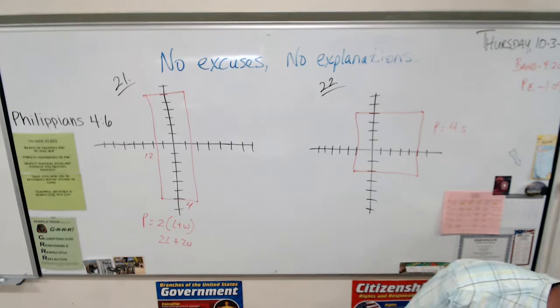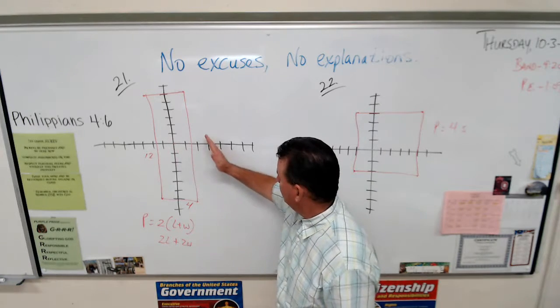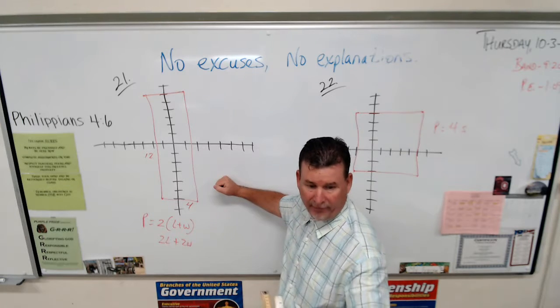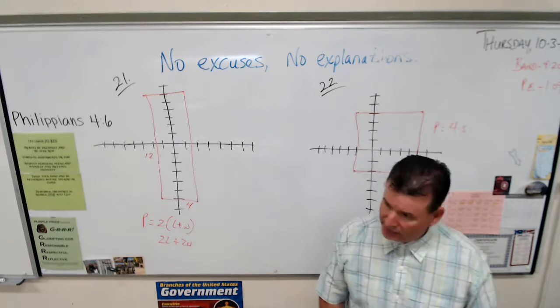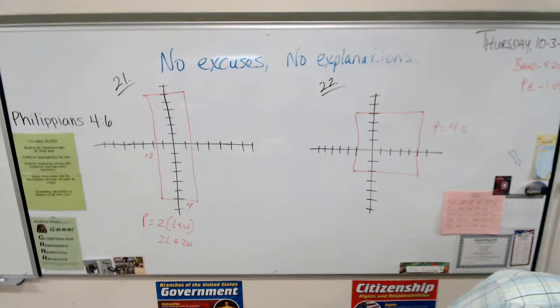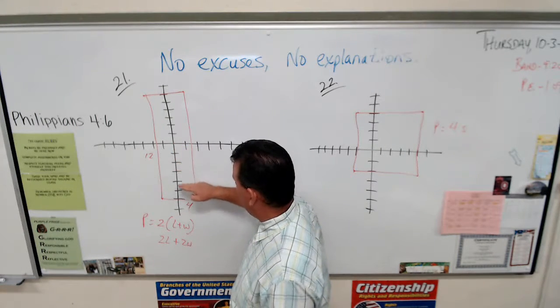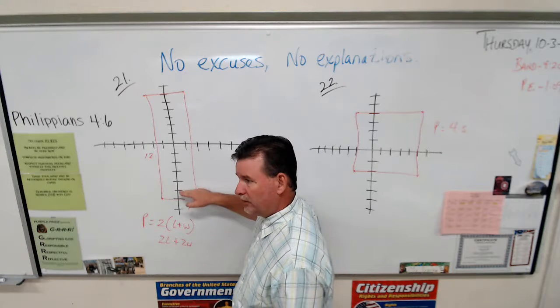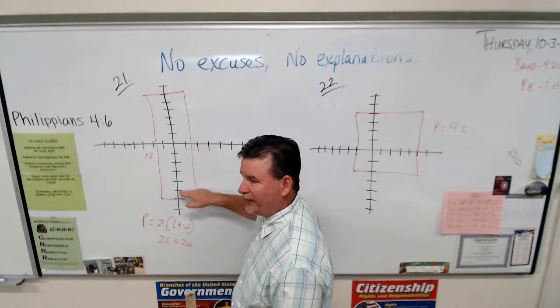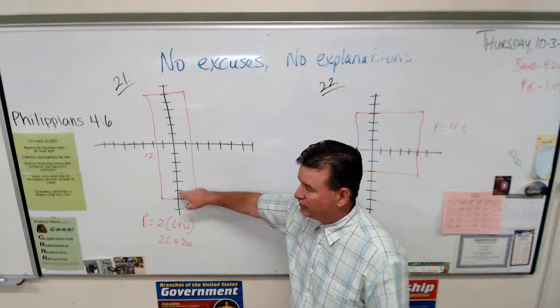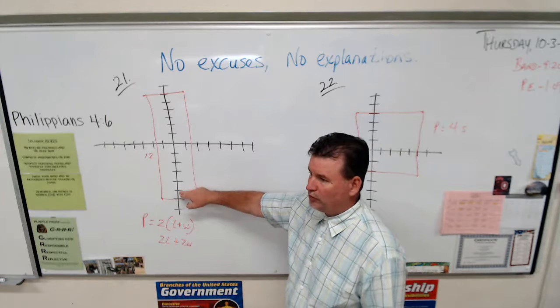Number 18. What quadrant would you be in at 3, -1? Jaden. 4. IV. What quadrant would you be in, Micah, at 0, -5? Or would you be in a quadrant? How would you specify the location at 0, -5? How would you describe that?